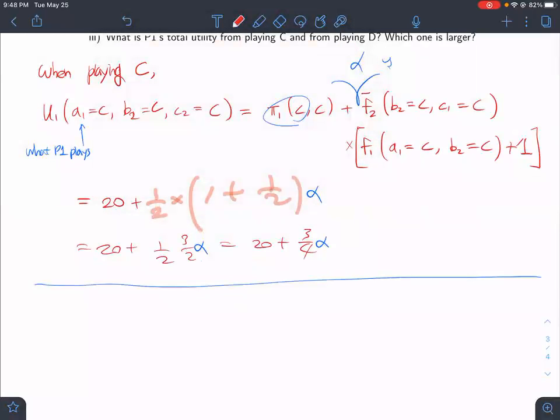When playing D, U1, I'm playing D. My first order belief is that my opponent will play C, and at the same time, I think my opponent will think that I'm going to play C instead. So I'm deviating here.